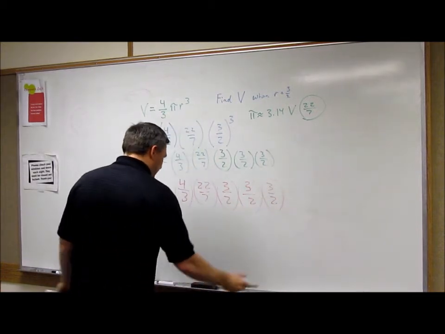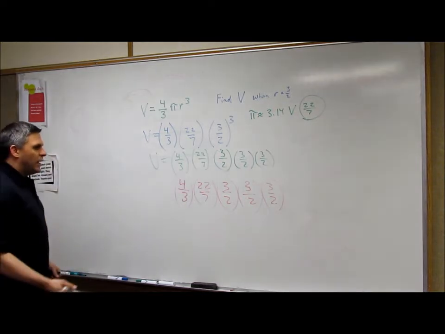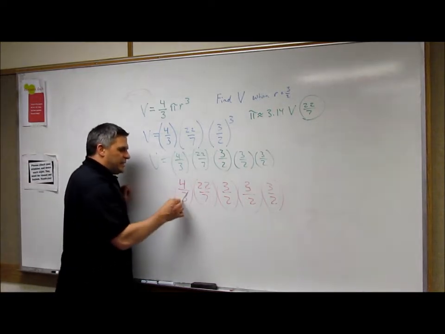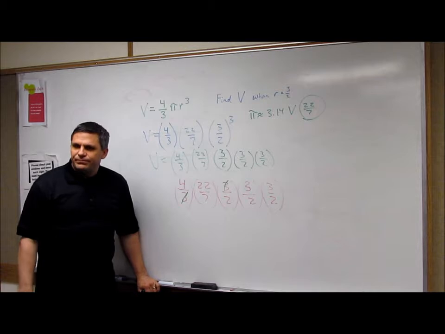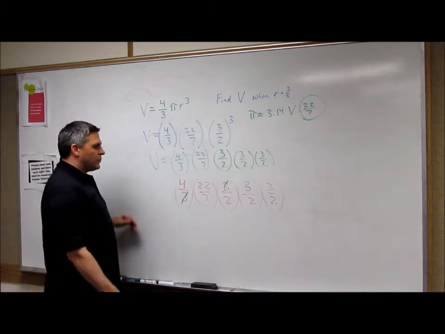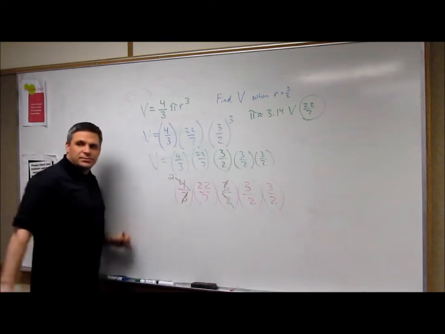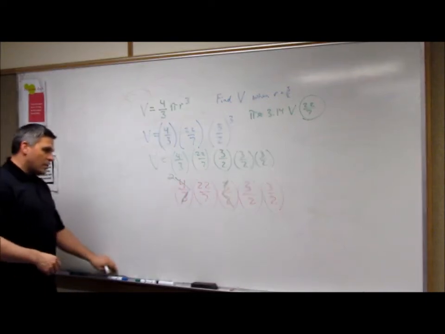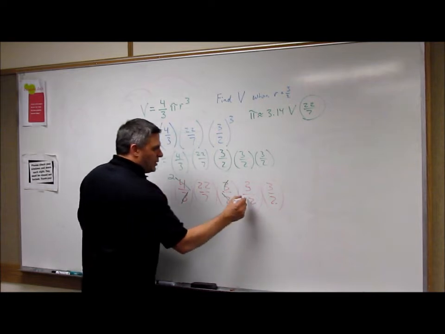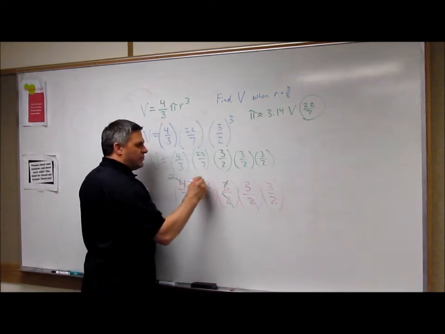Pretty simple, right? Okay, so I see a 3 on the bottom and a 3 on the top. I see a 2 on the bottom and a 4 on the top. That leaves me a 2. What about the 22? The 2 and this 22 could be 11, right?